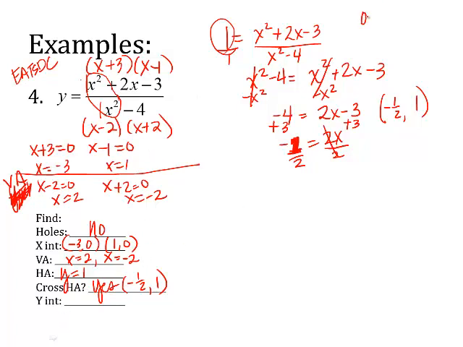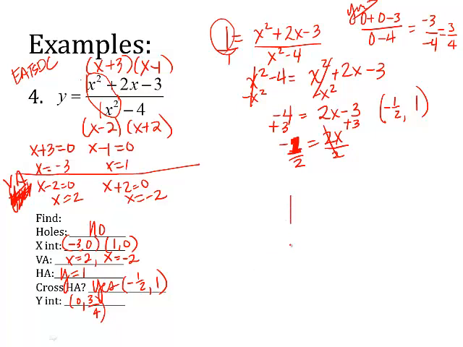So I have 0 plus 2 times 0 minus 3 over 0 squared minus 4. So I get negative 3 over negative 4, which is positive 3/4. So my y-intercept is 0, 3/4.